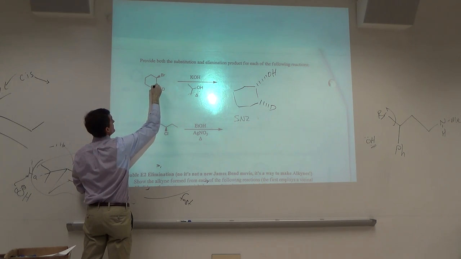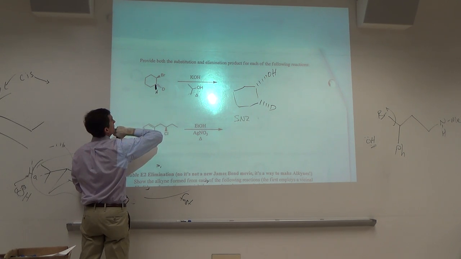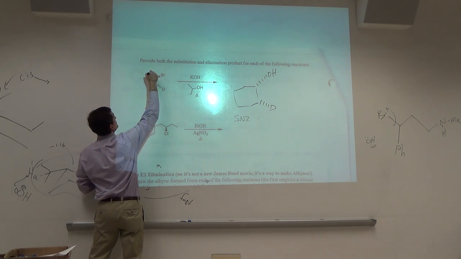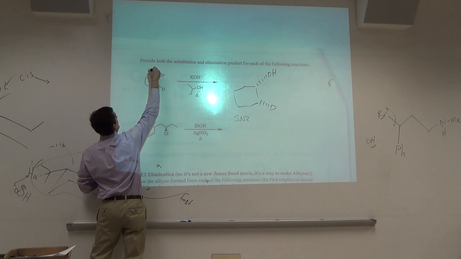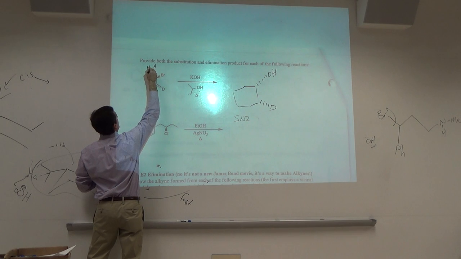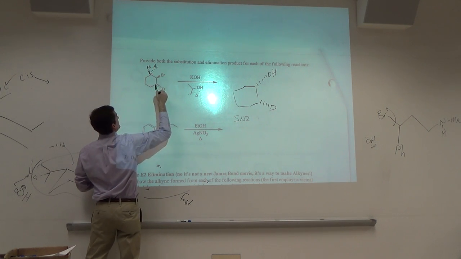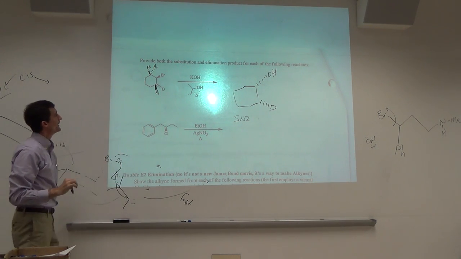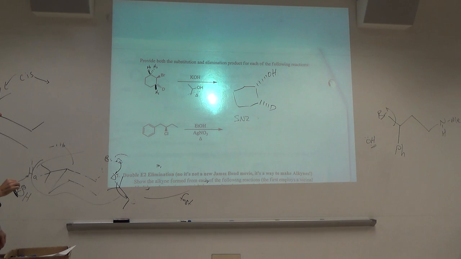Let's see, leaving group. There's an H here. It's like this. There's also H's there. A, B, C, and then that's D. What's the product here?